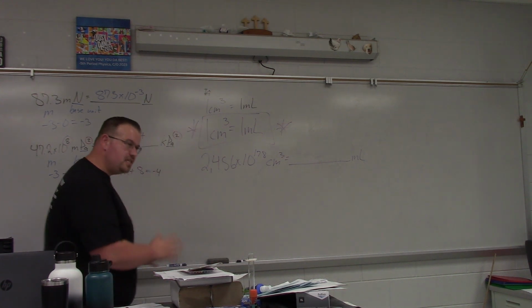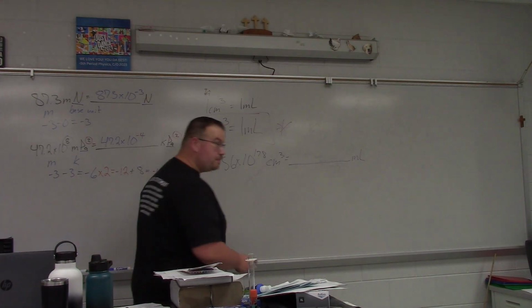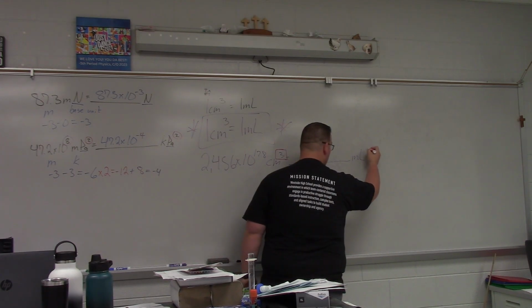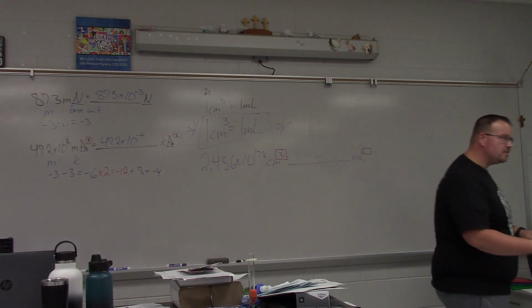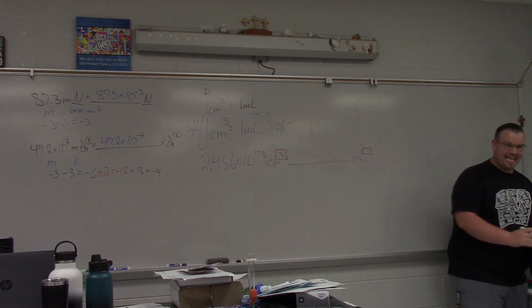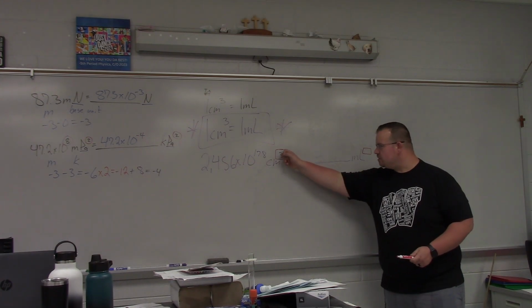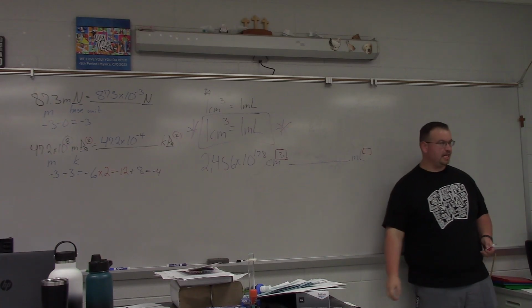Mr. Hall is a magician. I made a number disappear. We went from cubed units to no longer cubed units. Dead giveaway is when you see centimeters cubed to milliliters and there's no exponent on the end.